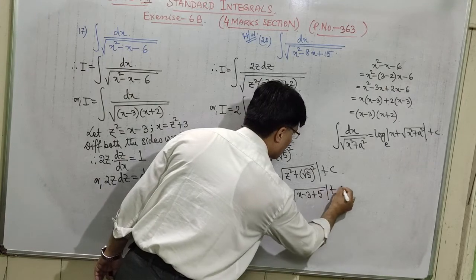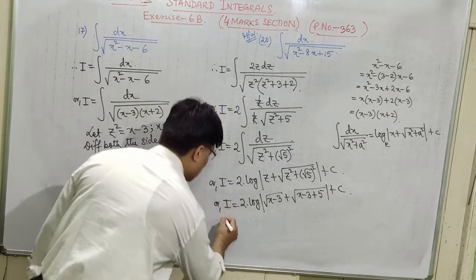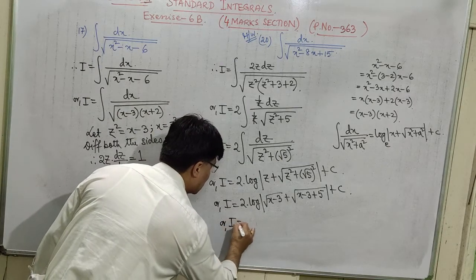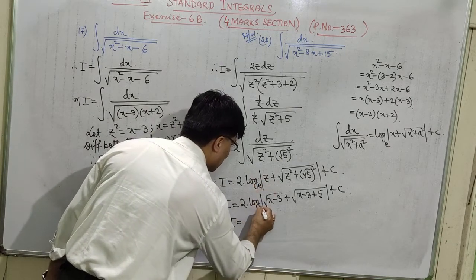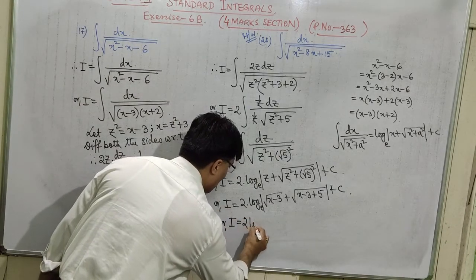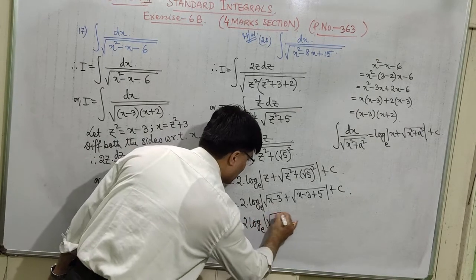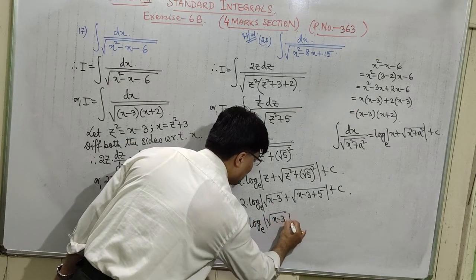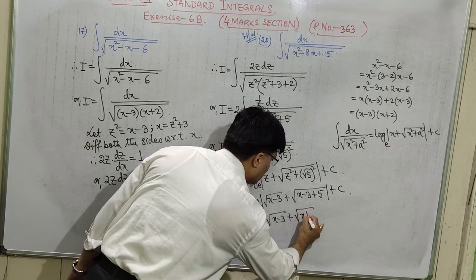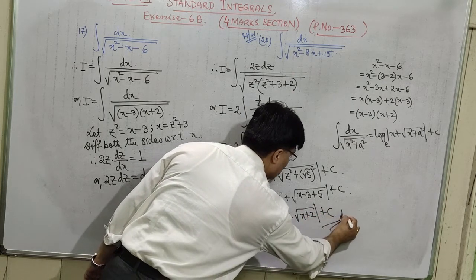Then mod sign closed plus c. So I is equal to 2 log within mod, the base is e, root over x minus 3 plus root over x plus 2, mod sign closed, plus c.